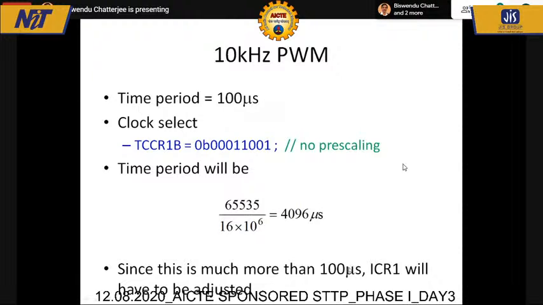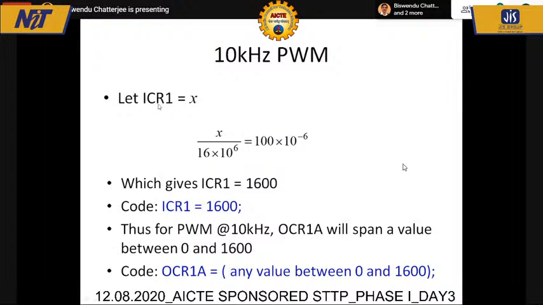So for 10 kilohertz, ICR1 will have to be adjusted. I cannot allow the whole 65535 to flow and create so much delay. What we will do is let ICR1 equal X, which gives ICR1 equal to 1600. As soon as you put ICR1 equal to 1600, the time period will be set at 10 kilohertz.